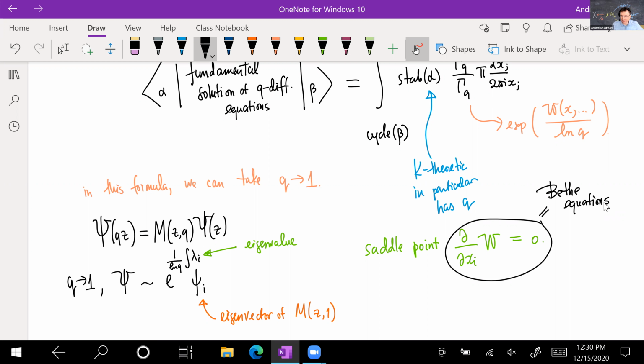So in the traditional Bethe ansatz, this hypothetical form is the ansatz. This is what you try.